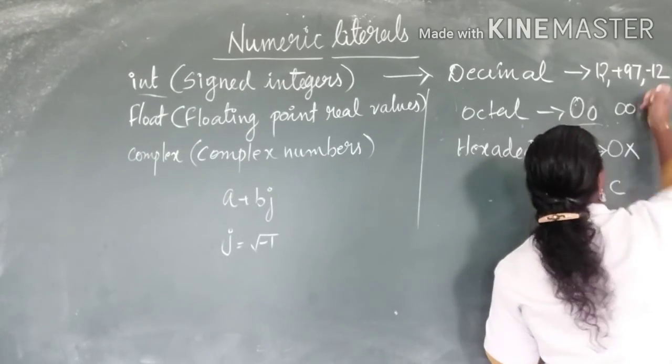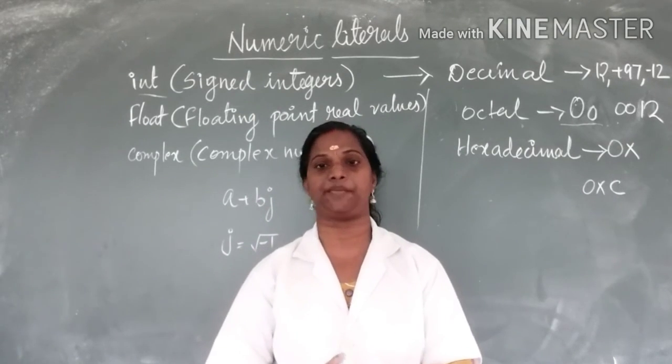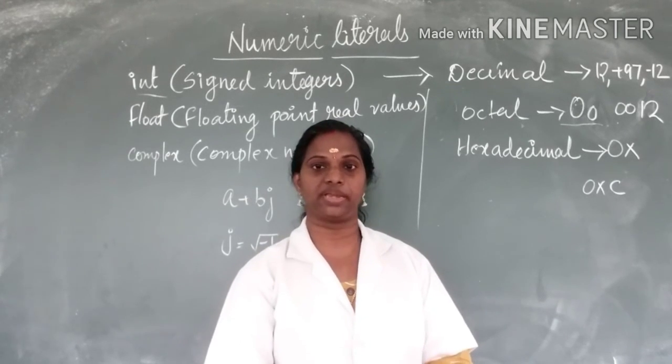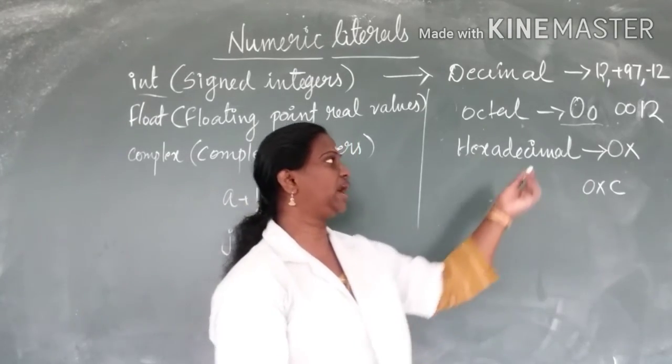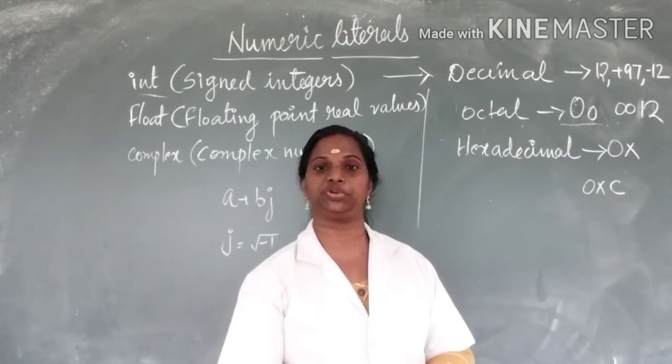Here we are taking the number as 12, an octal number 12, because there is no 8 in the octal number system. Only 0 to 7 will be there in the octal number system. So when you write 0o12, it will be taken as an octal number 12.